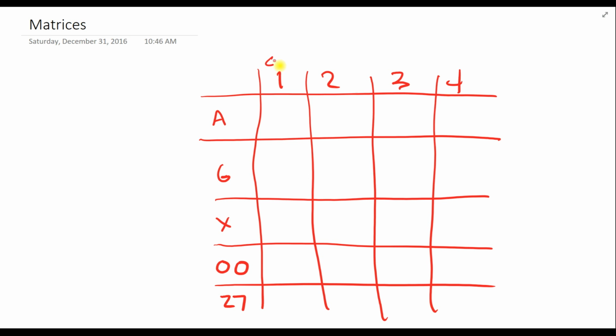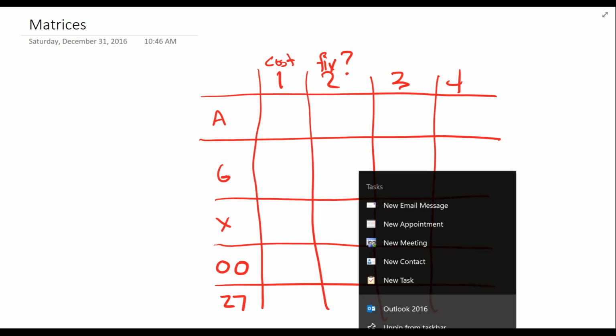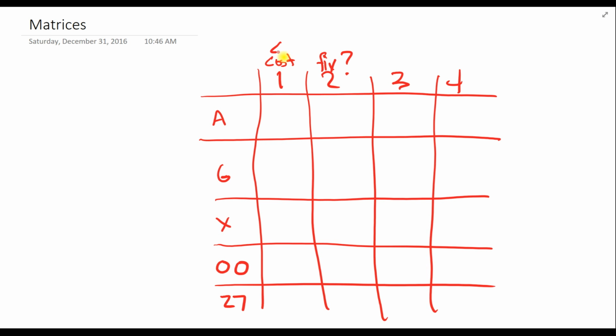So this could be cost, and can we fix it, etc. And so in terms of cost, maybe we would say it would be less than $5,000. So yes, no, and yes. Can we fix it? Yes, yes, yes, no, yes, and so on.